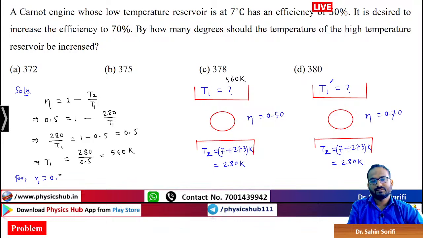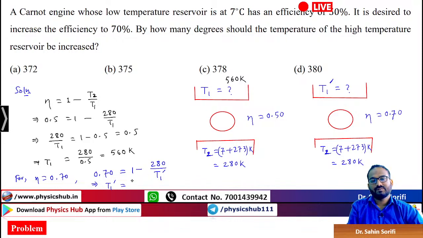Okay. Now for the second case, eta is equals to 0.70. We can say that 0.70 is equals to 1 minus T2, which is same, 280 divided by T1, let's say it is T1 prime. So what is T1 prime? 280 by T1 prime is equals to 1 minus 0.7, that is 0.3.